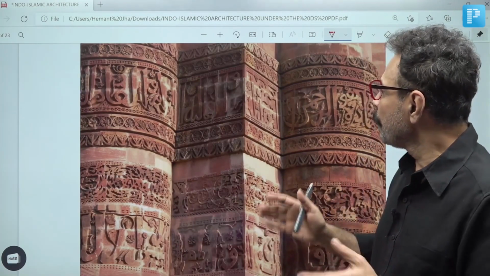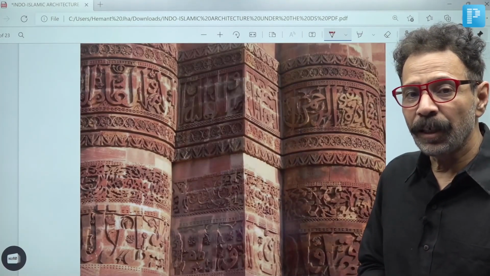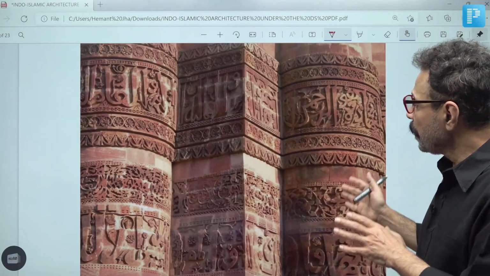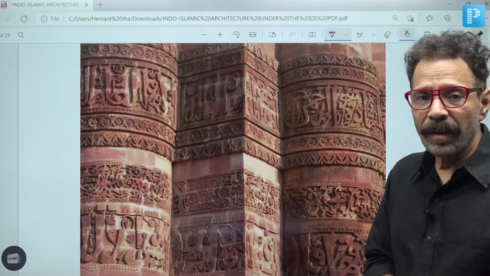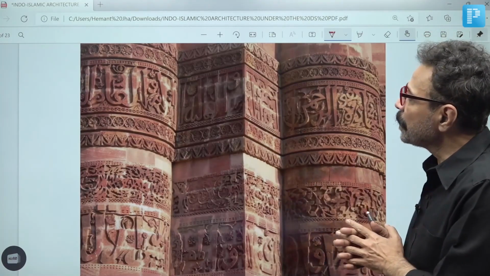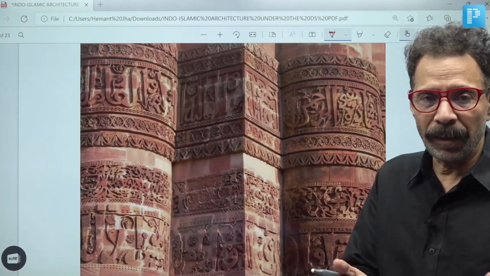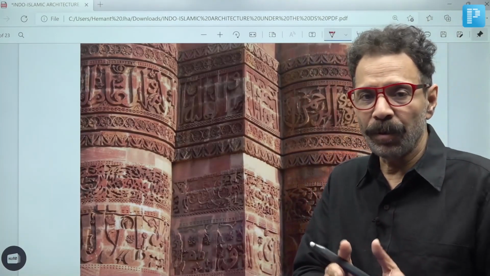Here you find floral designs, here you find geometrical designs, here you find calligraphy, here you find arabesque also. So this image gives you a broader idea of the concept what you have already come to know in the previous lecture.